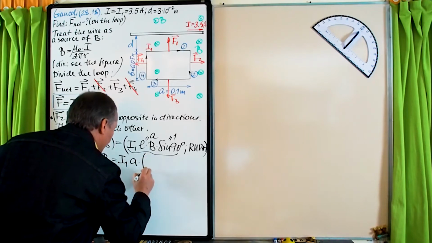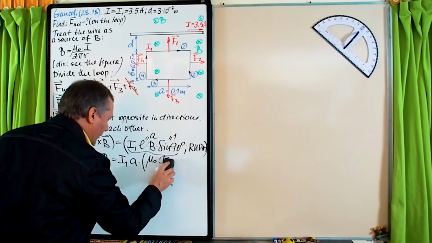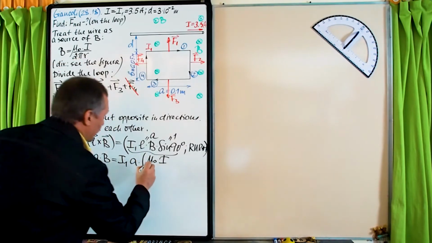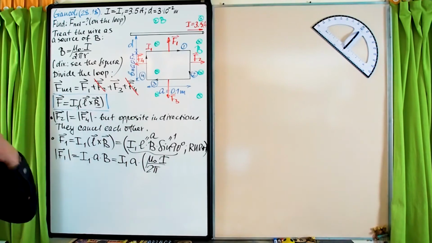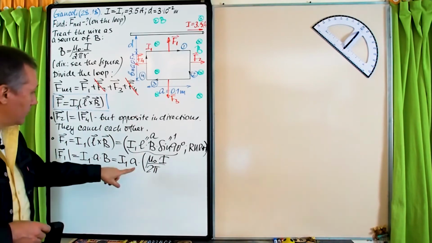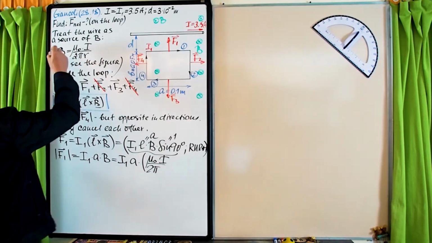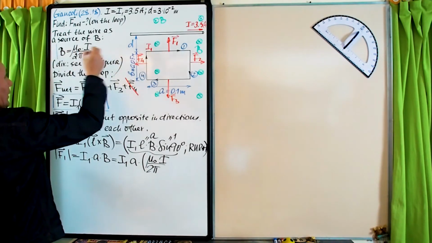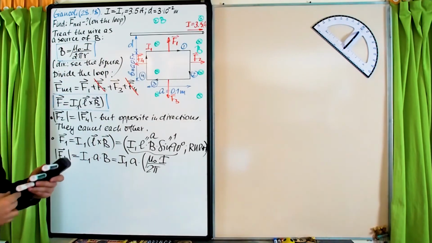Instead of B, I will write mu naught times I divided by 2 pi R. I wrote R here in general, which can be used for any piece of the loop. But now we have to be careful.